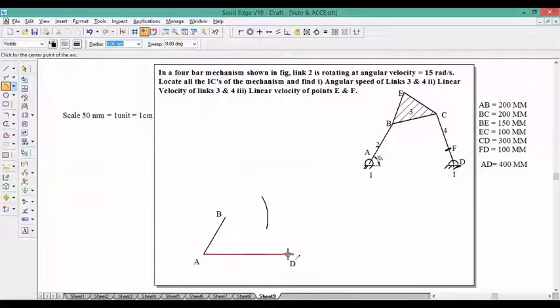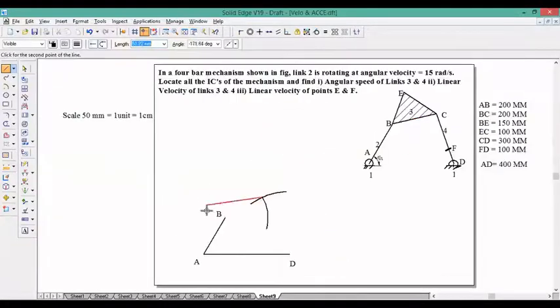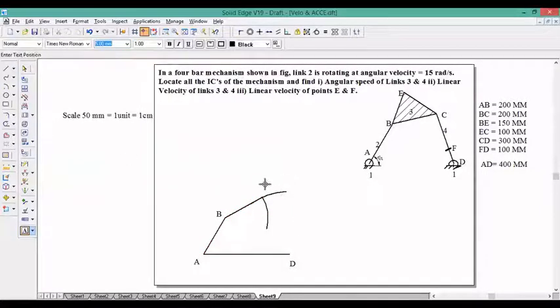So 300 divided by 50 is 6 centimeters. Take the compass, measure 6 centimeters and cut. Wherever these two arcs intersect will be the intersection point. Join it to B. So this will be the point C.